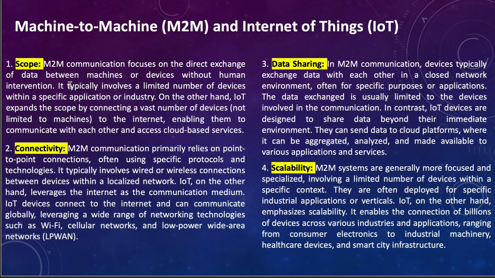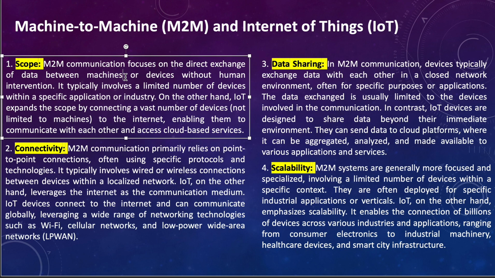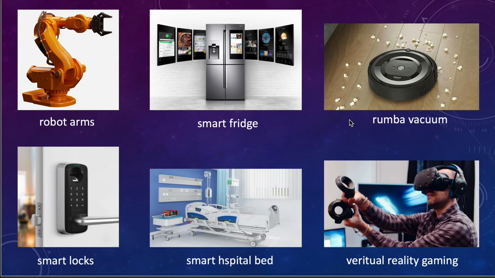M2M communication focuses on direct exchange of data between machines. Of course, this happens if we are to build an embedded IoT system; it would be machine-to-machine communication. Take this Roomba for example. The sensors will be talking to the actuators, which are the motors inside, to navigate.